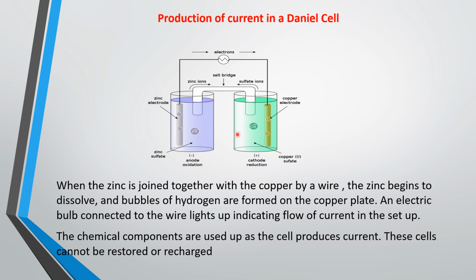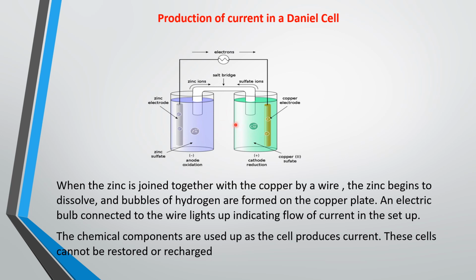As this process is going on, current is flowing, and a bulb that is connected in this setup will light up. The lighting up of the bulb indicates that current is flowing through the setup. So the chemical components of this setup are used up, and then the cell produces current.